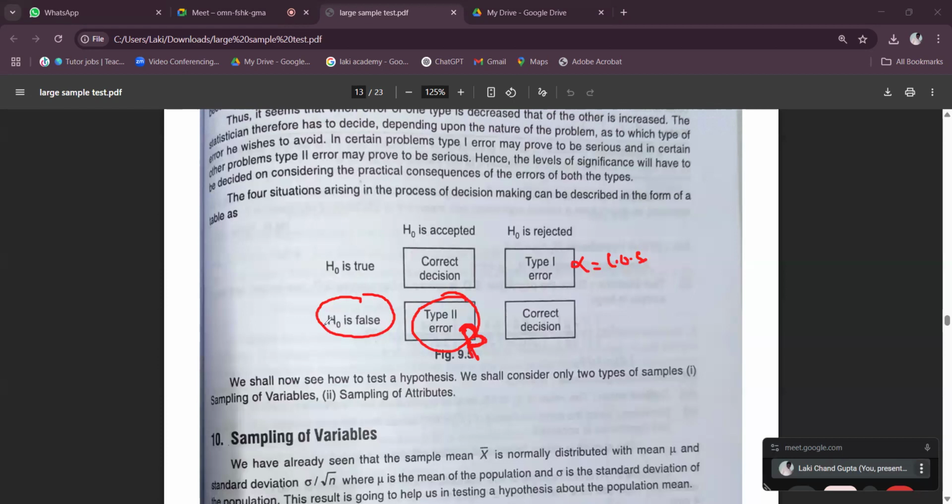You are guessing false things, but it is accepted. A false thing accepted means type 2 error. And if your false thing is rejected, it means your decision is correct.